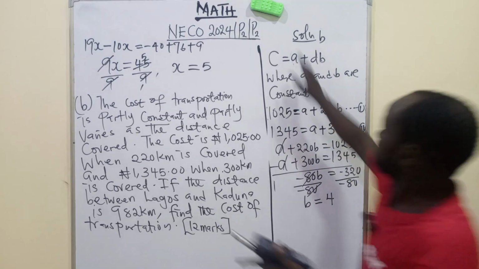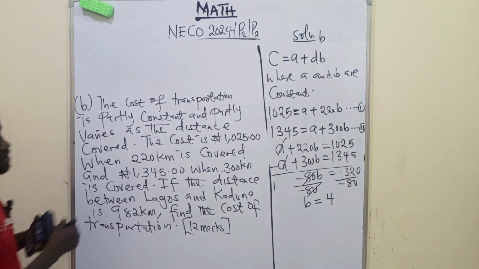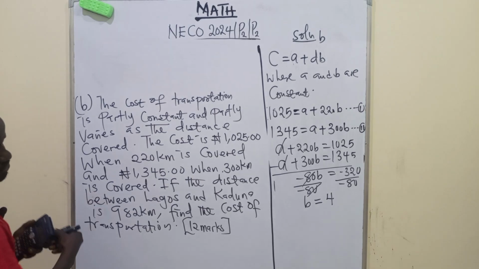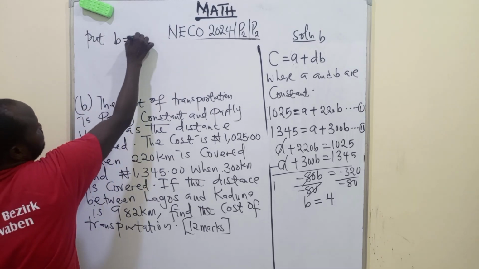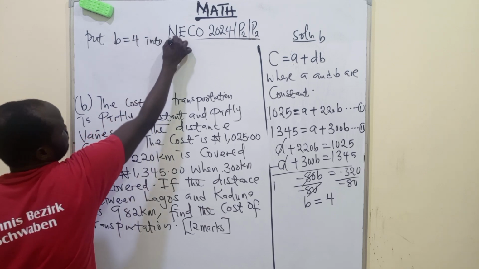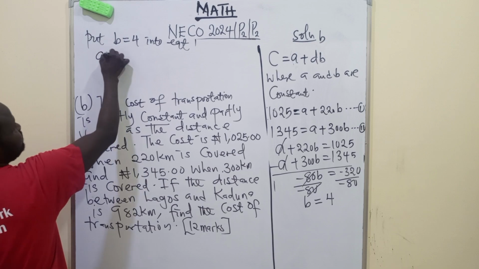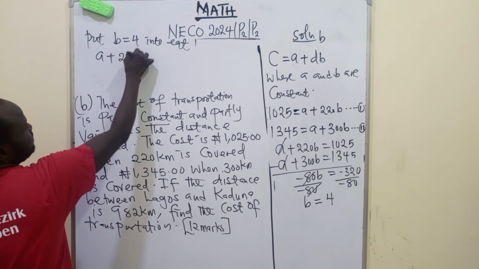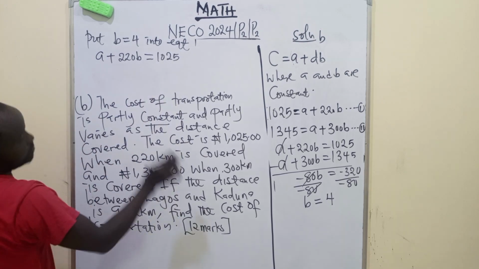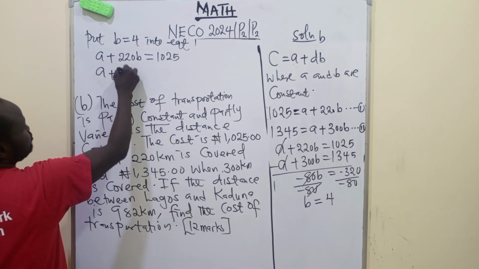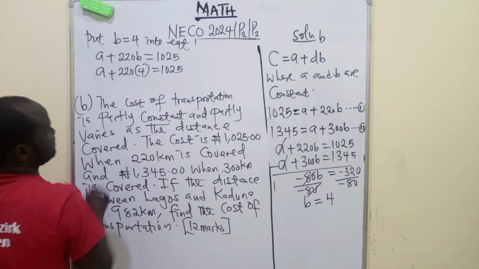So if b is 4, we can easily find the constant a as well. To find the constant a, let's use one of the equations. Let's put b equals to 4 into either equation 1 or equation 2. Let's say equation 1. Equation 1 is a plus 220b equal 1025. Anywhere we see b, we put 4. This will be a plus 220 into 4 will be equals to 1025.